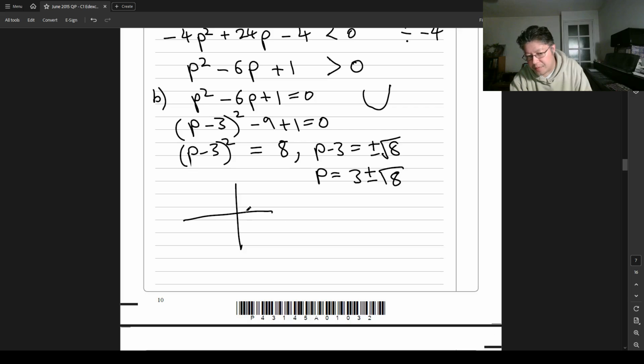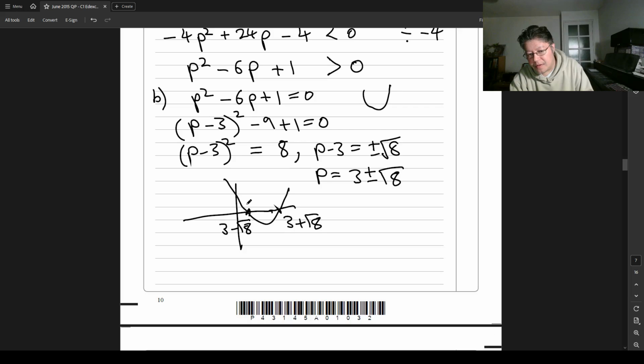So I think both roots are positive, so I'll just draw it like this. That's the quadratic. This is the first root, 3 minus root 8, and this is the second root, 3 plus root 8. And if you go back to the original inequality, we want it to be greater than 0, that's above the x-axis.